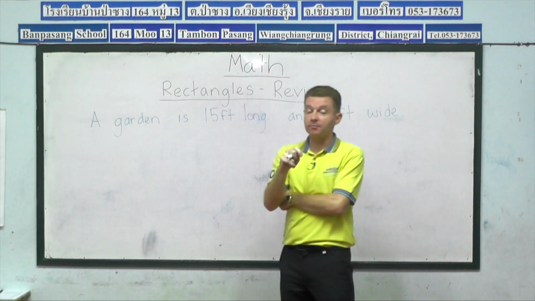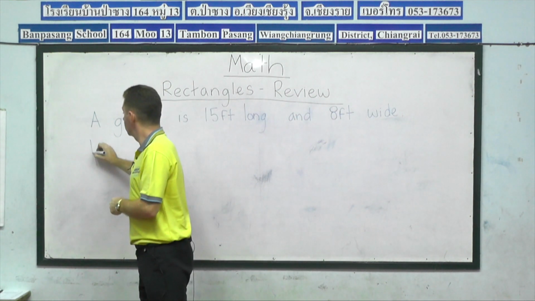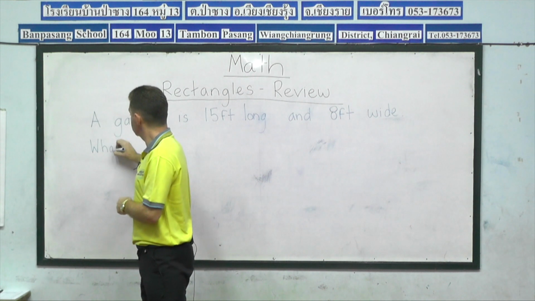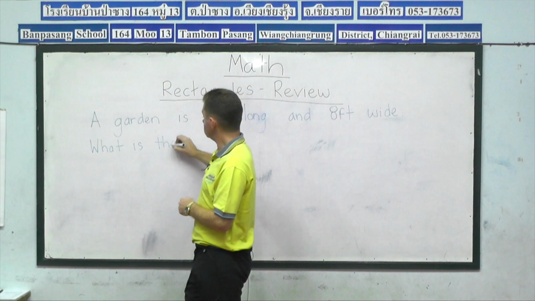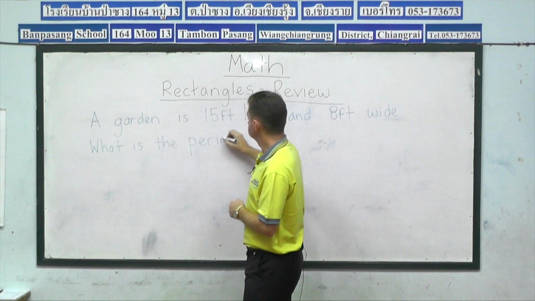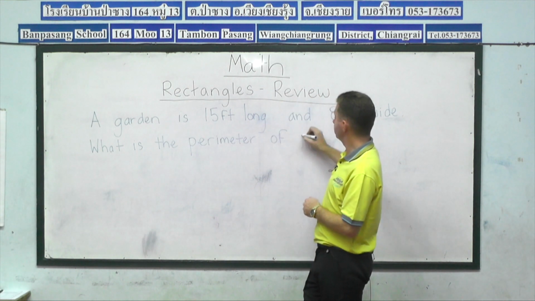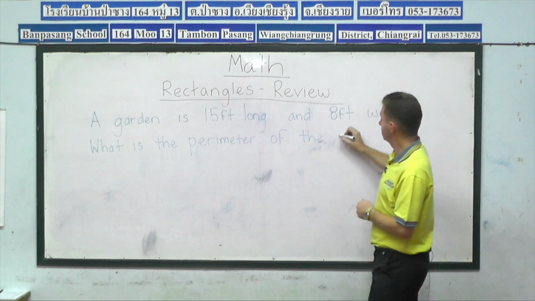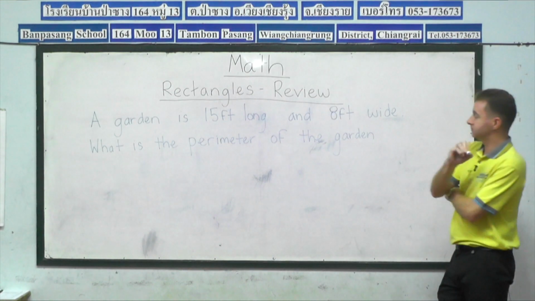So the first word problem we're going to do about perimeter. So the question is, what is the perimeter of the garden?